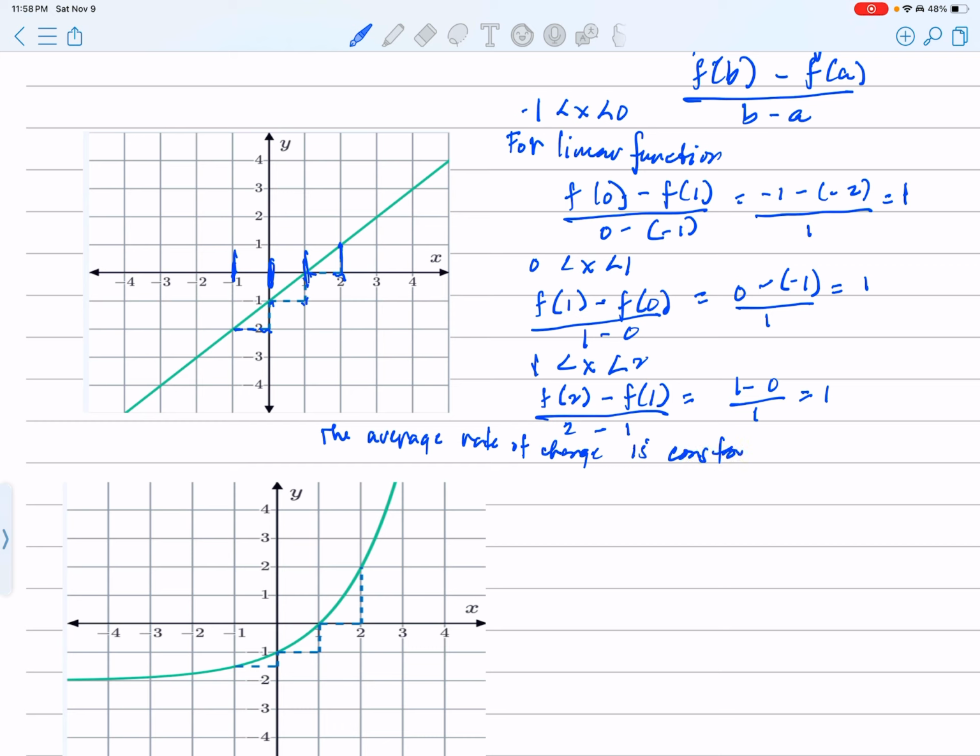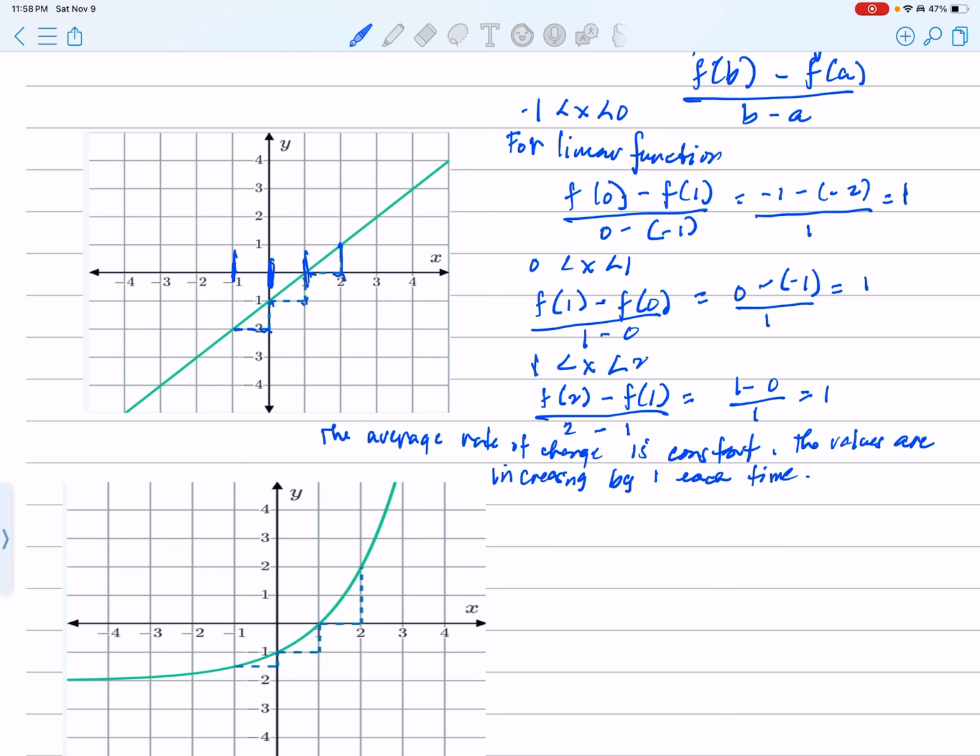So the values are increasing by 1 each time. That is how we understand that.